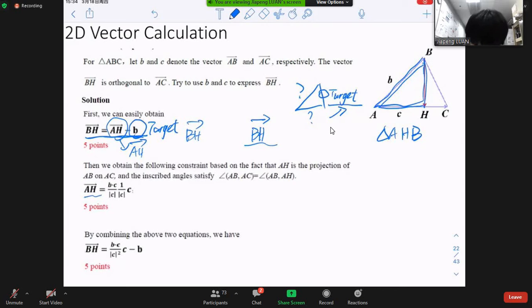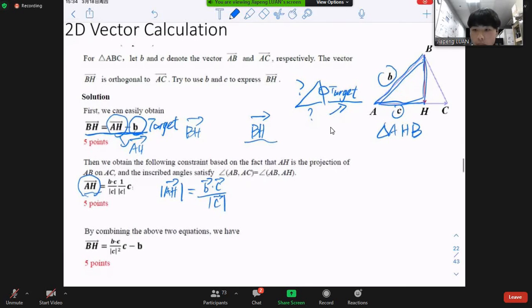First, what is the magnitude of AH? Actually, the magnitude of AH is the projection from B to C, right? So this is B dot C over C norm.